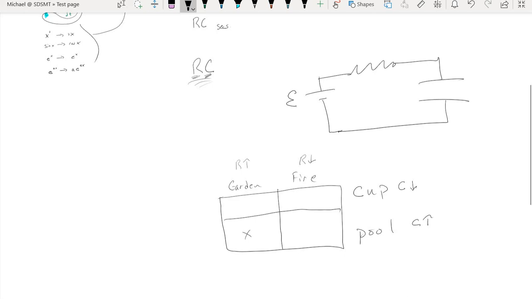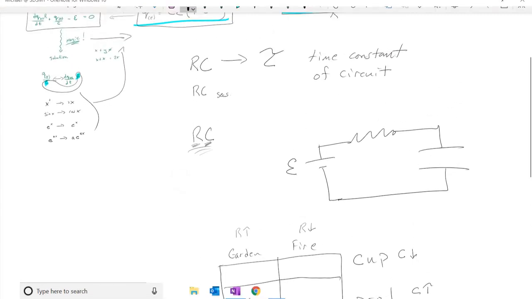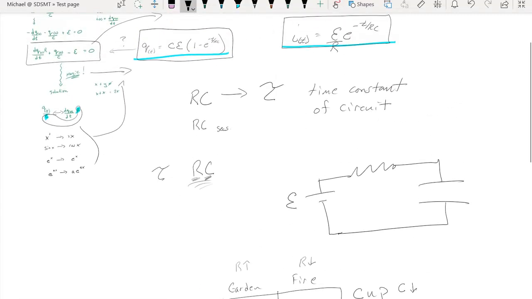Well, it's going to take you a long time. As a result, by having a very large tau value, it's going to take you a long time to accomplish what you're doing. In this case, with a very large tau value, it's going to take us a long time to reach the maximum charge for this capacitor.